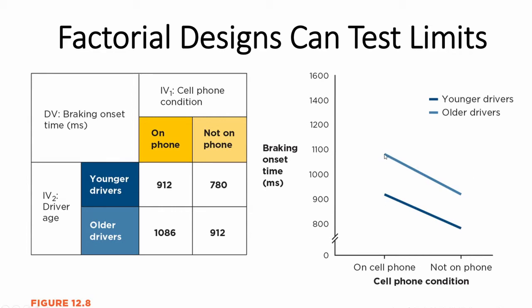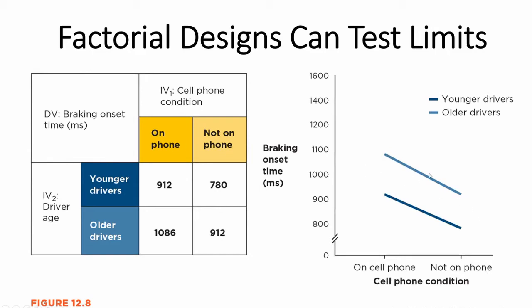For our older drivers, we actually see the same kind of relationship, where they're still doing better when they're not on the phone and worse when they're on the phone. The lines aren't directly overlapping because older drivers have slower reaction times overall. So this isn't something that is specifically an interaction between age and being on the phone or not.